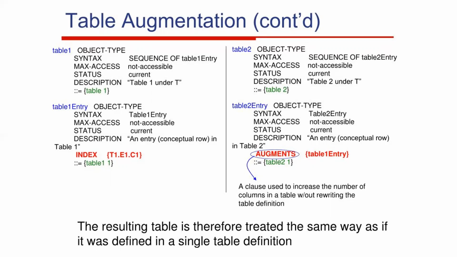The indexing scheme comprises two classes, the index class and the arguments class, for the two tables. Then the construct for the rows of the two tables: the table 1 entry has the index class, and the table 2 entry has the arguments class that refers to the table 1 entry.